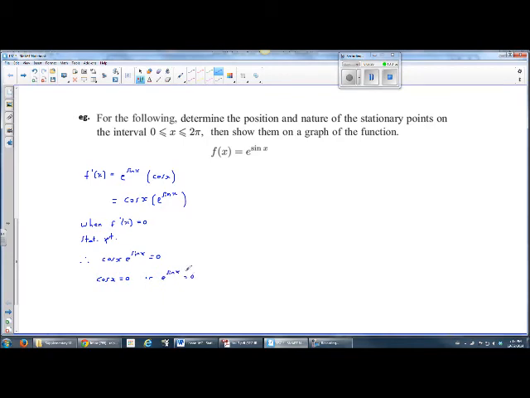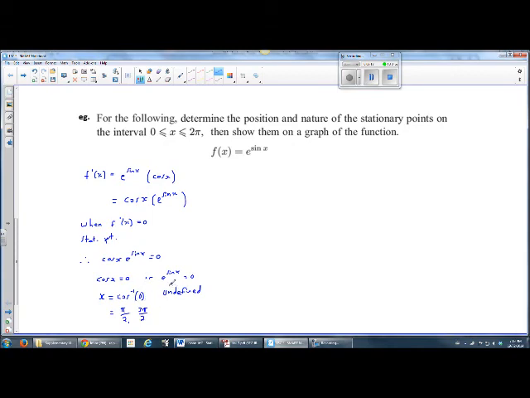Again, with your work with exponential functions, you should realize that e to the sine x can never equal 0, so that would be undefined, and we cannot use that. So cosine x equals 0. If we take the inverse cosine of both sides, we get the inverse cosine of 0, which means that x will equal either pi by 2 or 3 pi by 2. That's from prior knowledge of the cosine curve.